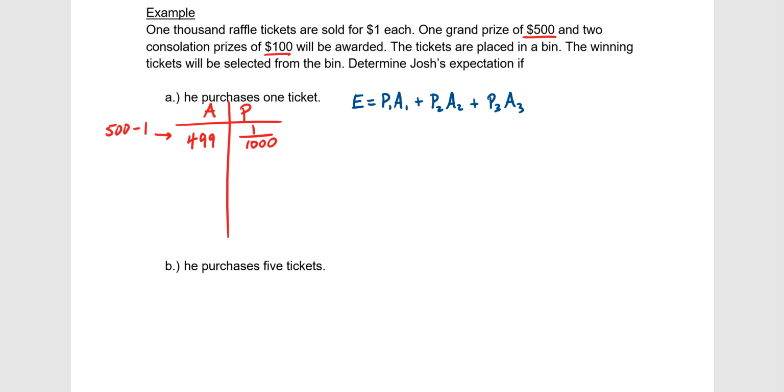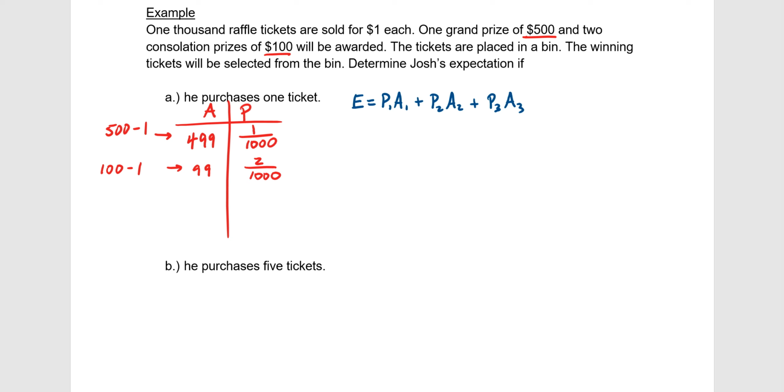Okay, next one is going to be if we win $100. So if we win $100, that's actually a net gain of $99, because that's going to be the 100 minus the ticket purchase. There are 2 of these prizes, so it's going to be 2 out of 1,000 for the probability.